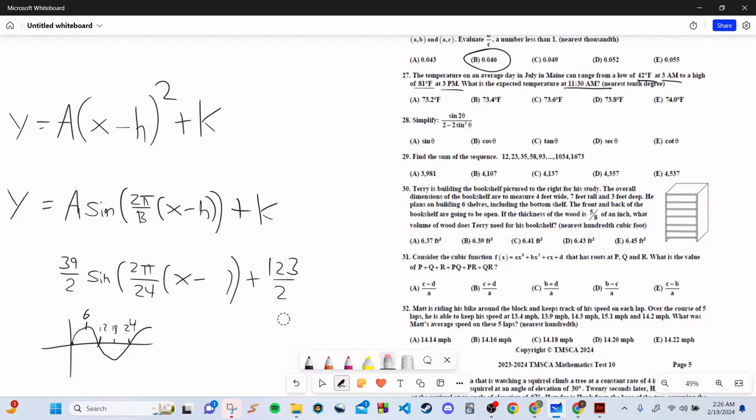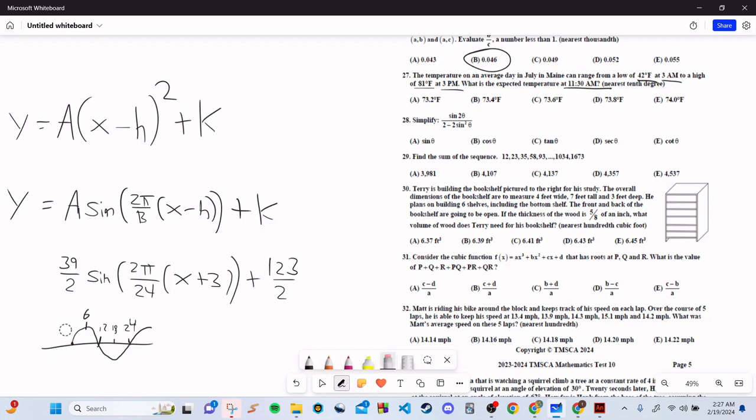So now that we've got that established, given that our peak is going to be at 3 p.m. instead of 6, I might want to translate the graph 3 units to the left to account for that. So I'd be subtracting by negative 3. So then I could write this as x plus 3.